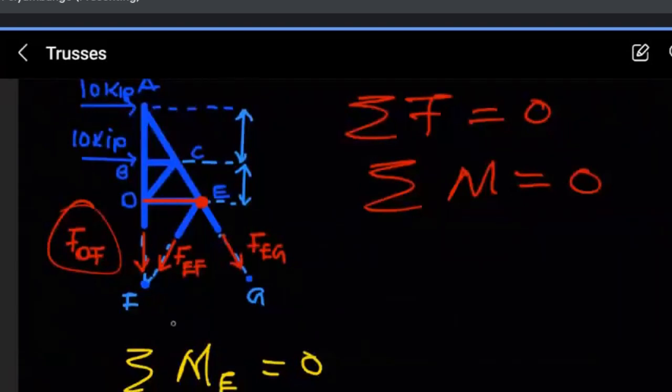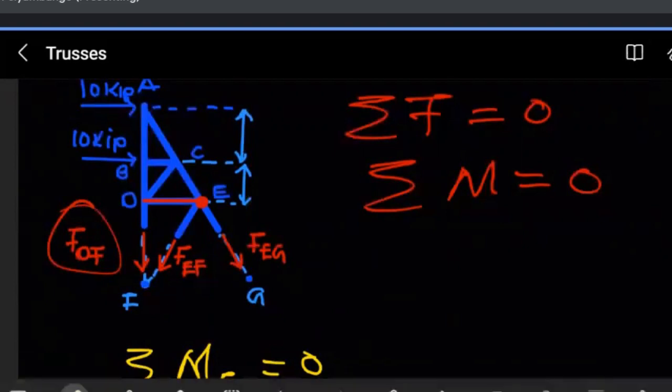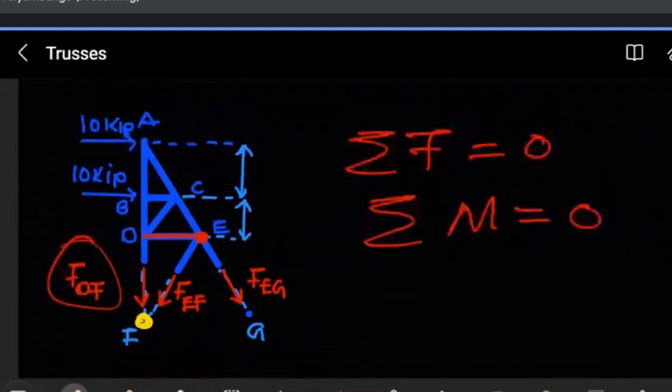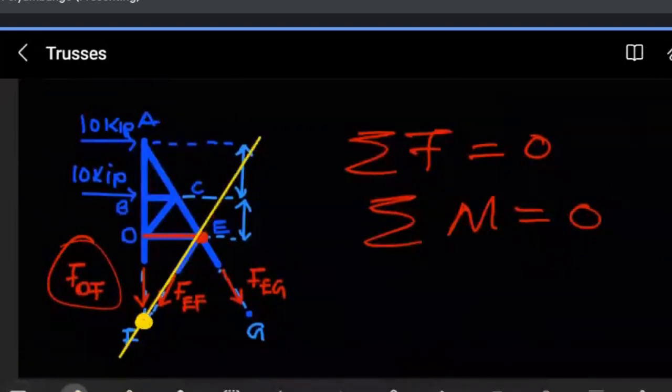So for this one, what I'm going to do is I'll take moments about the point F. We can take moments about anywhere really. According to the conditions of equilibrium, it's the moment about any point which has to be equal to 0. So for this one, I'll take moments about this point. Why am I choosing that point? Because in this case, we observe that the force EF does pass through that point, so that eliminates that unknown.